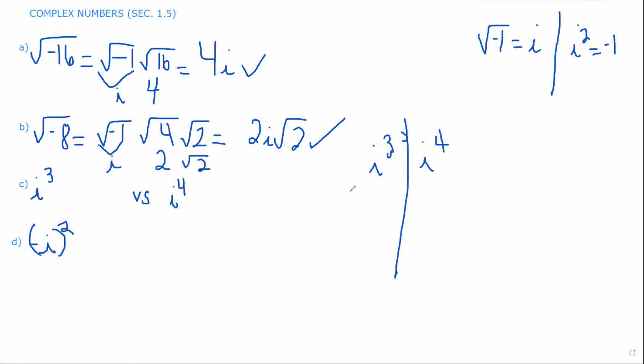I can pull out an i squared, and then what I have left is an i, all right? So right away, what do we understand i squared to be? It will break down to turn into -1 times, and there again, I still have i. And so from -1 times i, that result will become -i, okay?